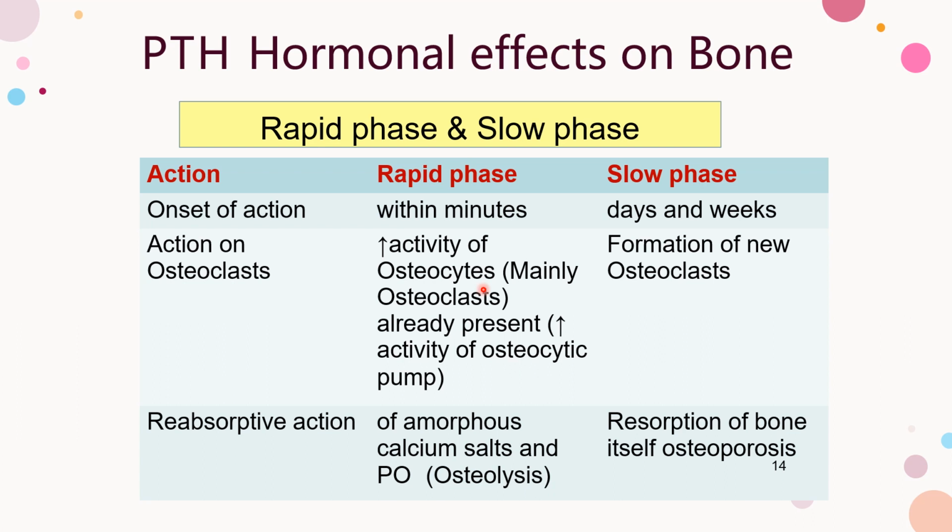So already activated osteocytes, it increases those also. And formation of new osteoclasts takes place in the slow phase. And reabsorptive action of amorphous calcium salts and phosphate, that is osteolysis, takes place in the rapid phase, and in the slow phase, resorption of bone itself, leading to osteoporosis.